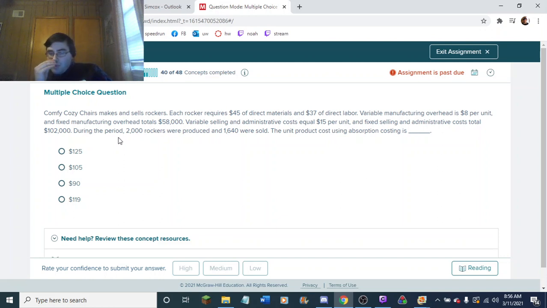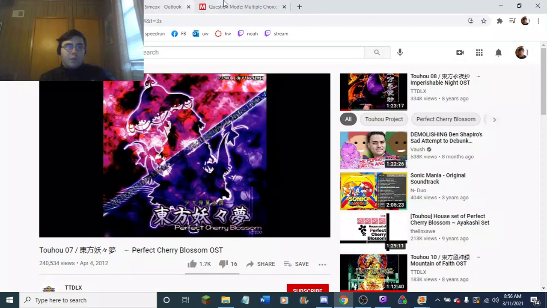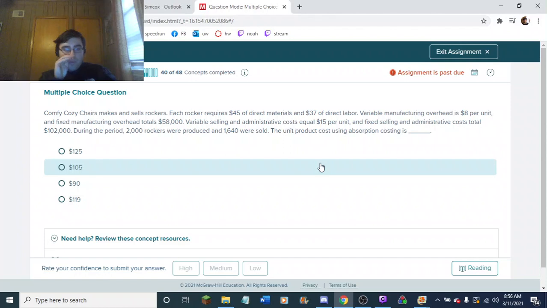What is the unit product cost using absorption? Dang it. I wonder if the music's too loud. Plus 8 plus. So for variable.